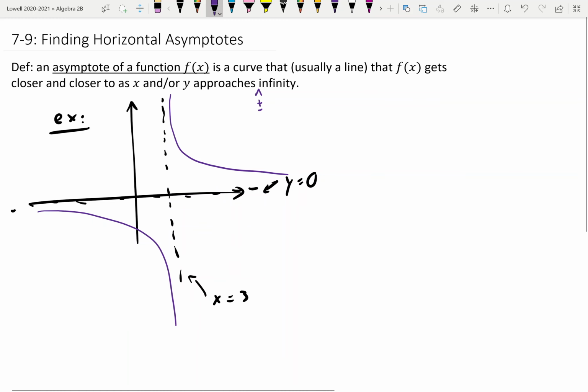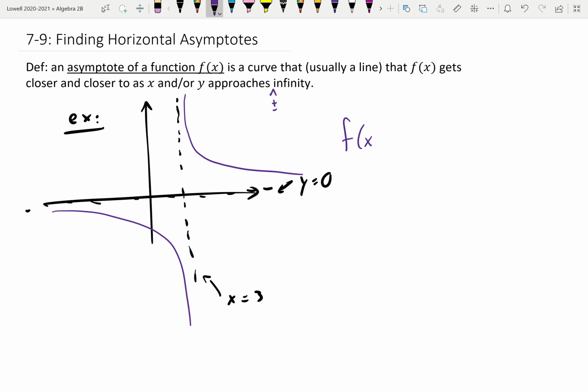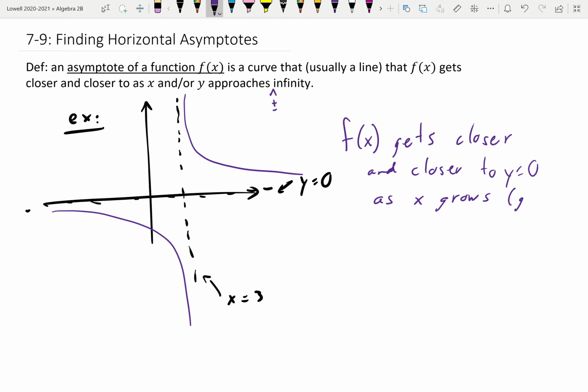If we look at the horizontal asymptote, what's happening? Well, our graph, which is f of x, gets again closer and closer and closer to y equals 0, as x grows. And that could be going positive or negative.